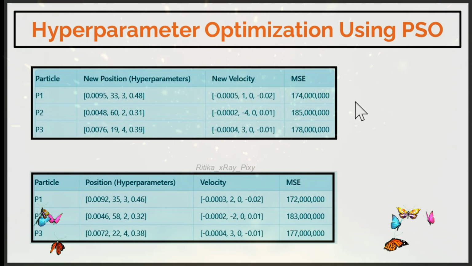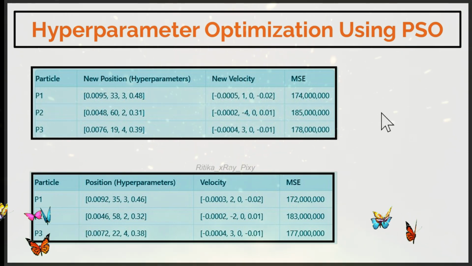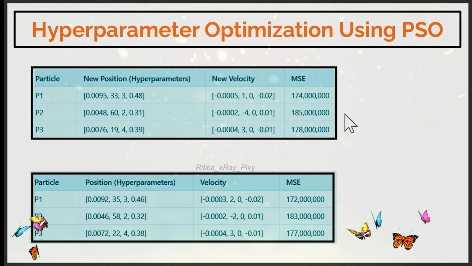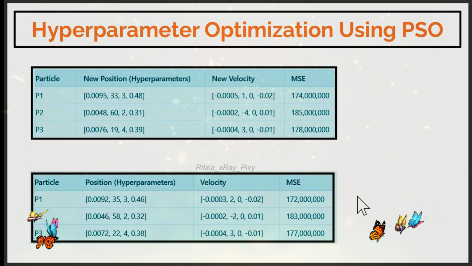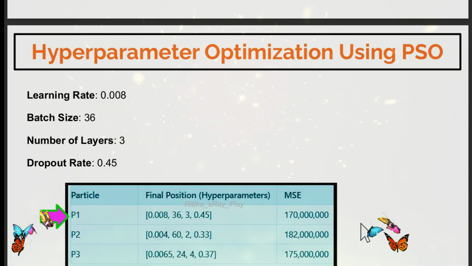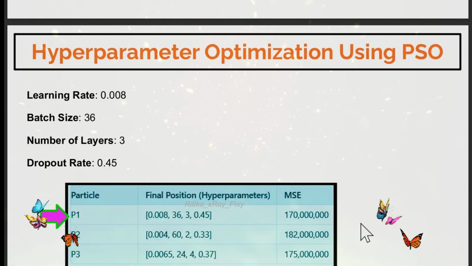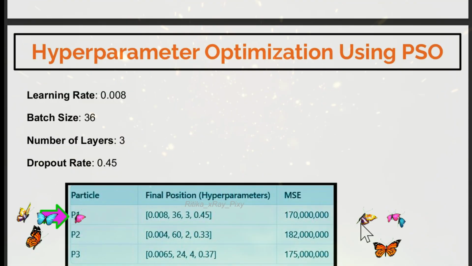This one, the velocity is this one, and here we calculated the mean squared error for the first particle, second particle, and third particle. Like that, we repeated this for the second iteration, for the third iteration, and after that we evaluated the performance, and according to the PSO step, now we will update the final global best.